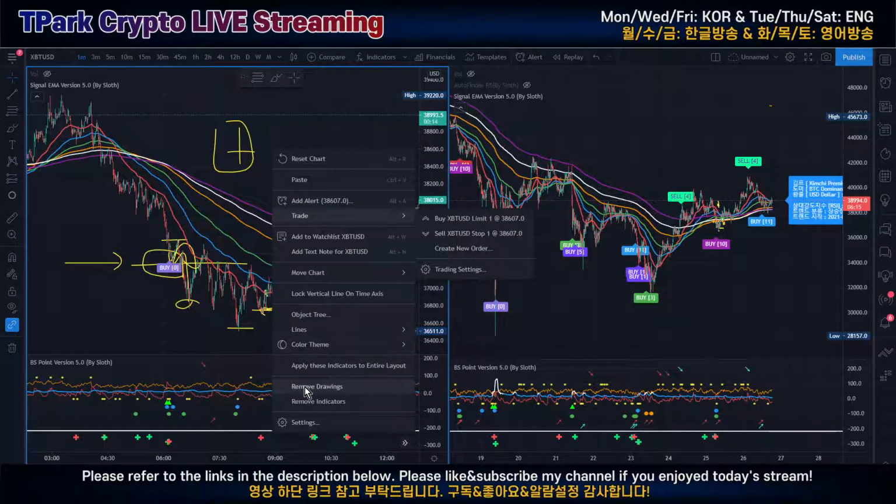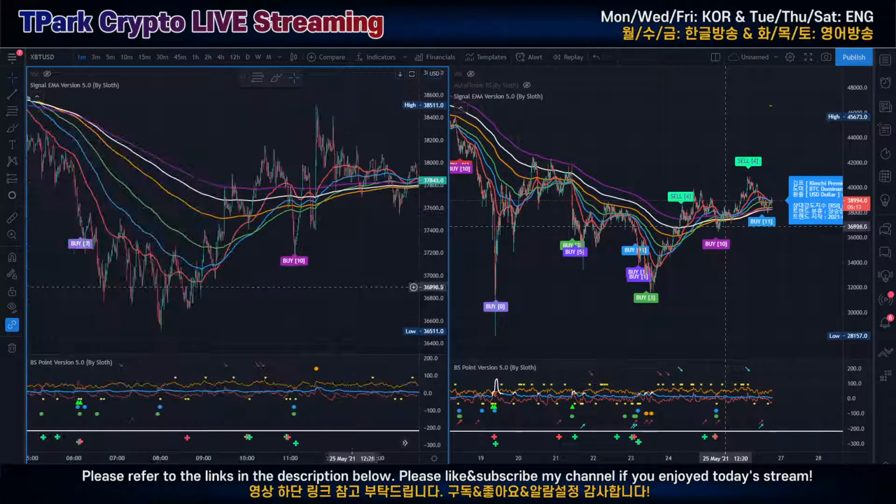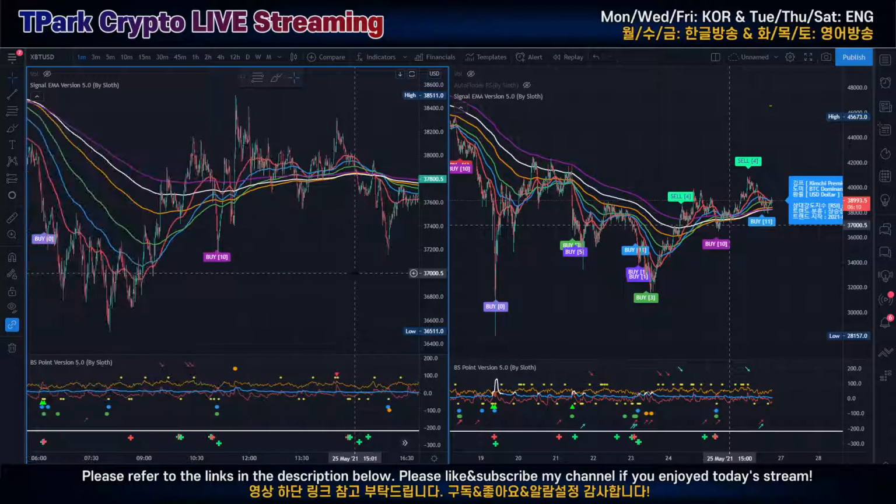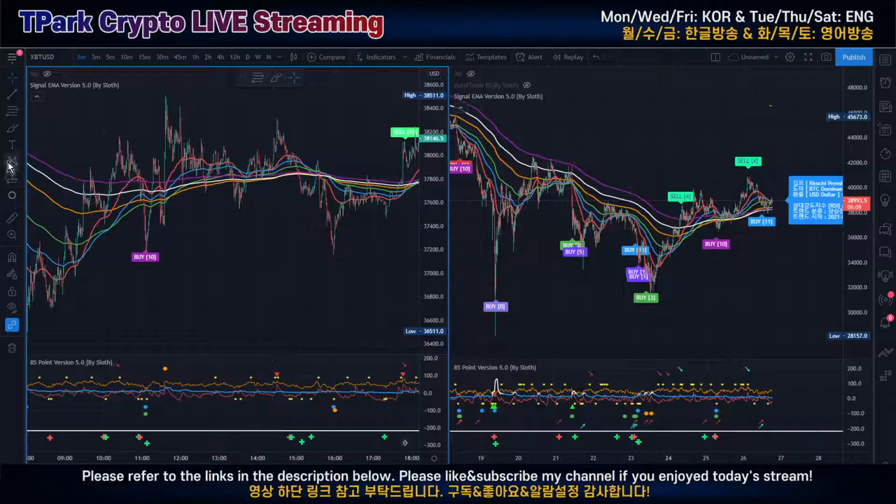So that's how you basically trade using my indicator in a short time frame. What this means is a trend. Green means of course long, red means down, and the lower the signal, the stronger. This is low, this is higher, right?